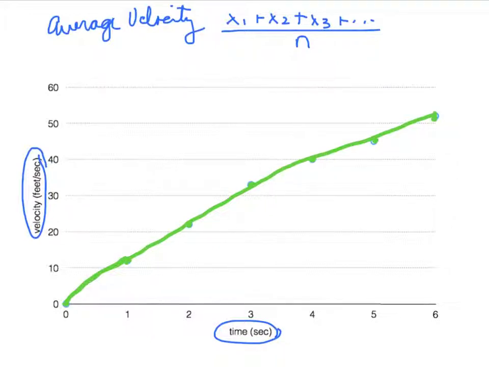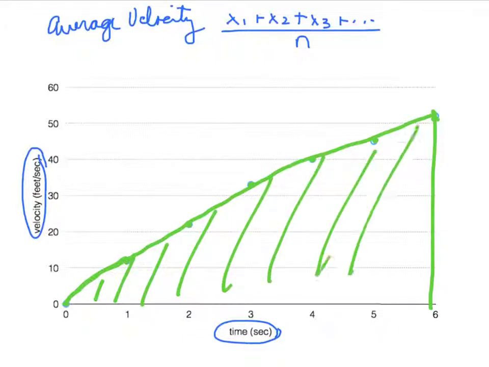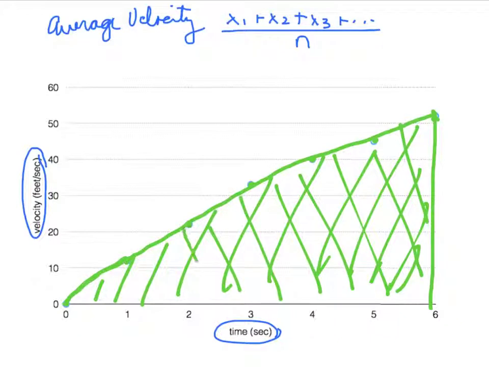Well, this actually goes back to what we've done previously when we were working with areas. If I were to find the area of this shape, which is what we've been talking about, think about that in terms of quantities that we're looking at. If I were to find the integral of velocity, which would be the area, that gives me position.